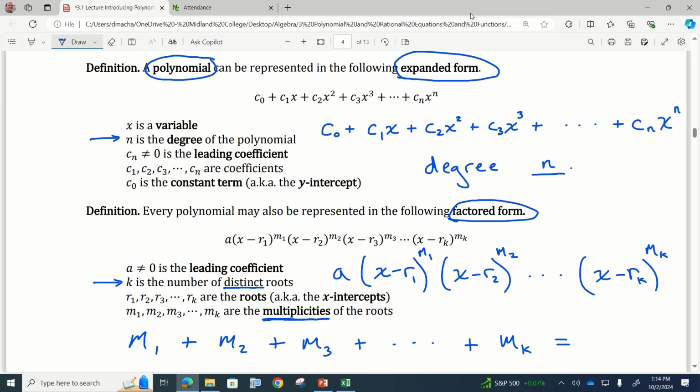And when you add them all up, this adds to be the degree. That's how you know in factored form what the degree of your polynomial is.